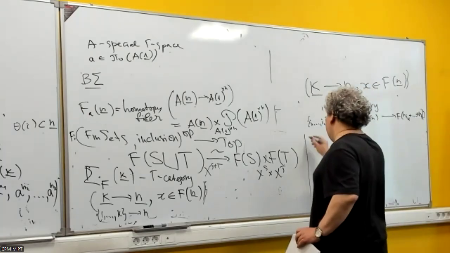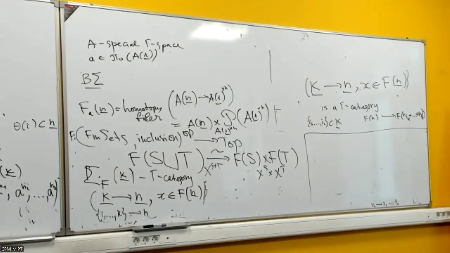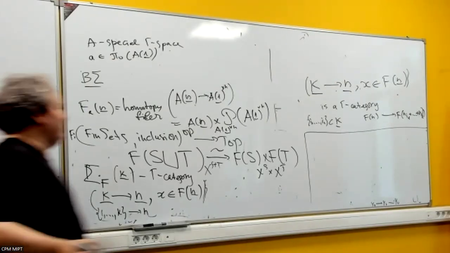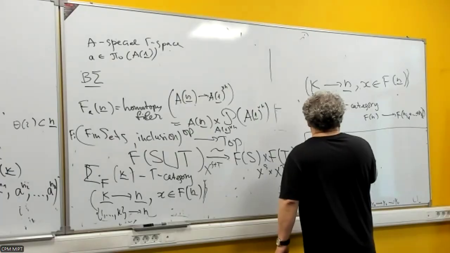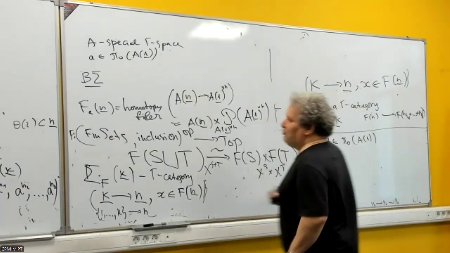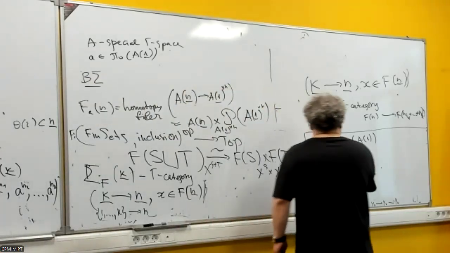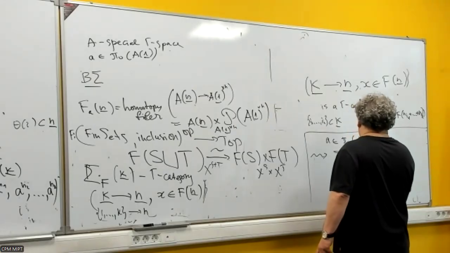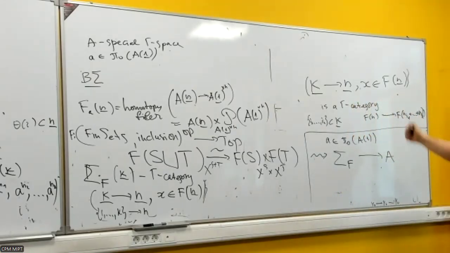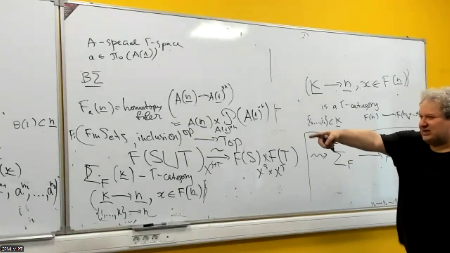So then the idea is that, in the general case, I like to construct, let A be indeed pi 0 of A1, then out of that I am going to construct a similar thing, but where here I have sigma F. Sigma F, I constructed as a map of gamma categories, similarly as I did here without F. So this is a gamma category, which without F is just sigma, right?